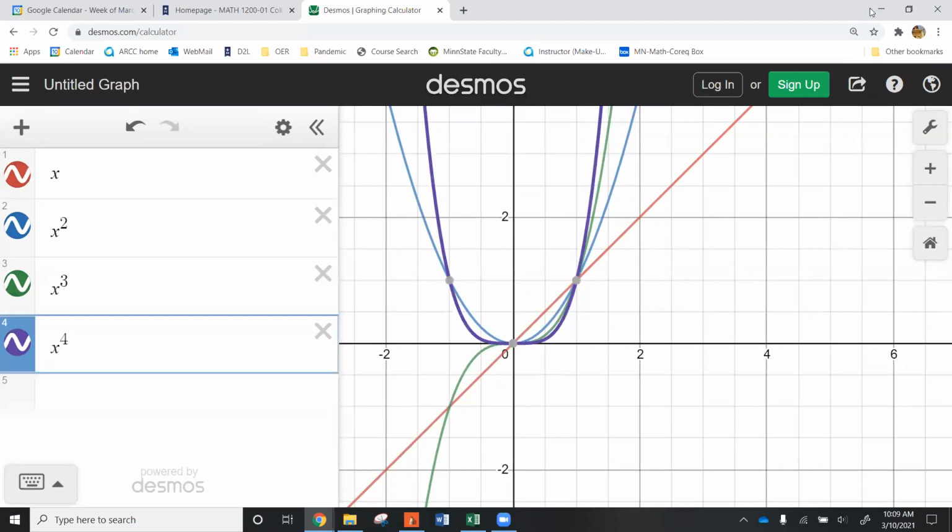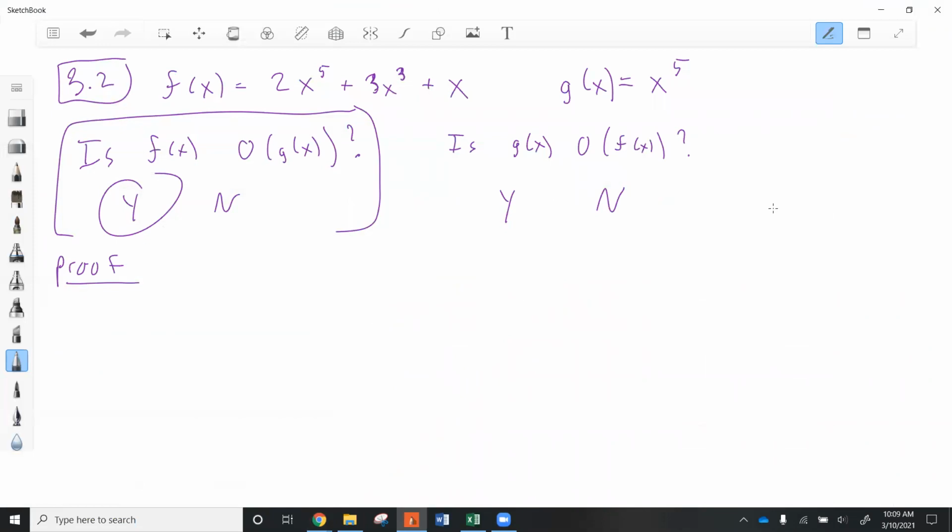So you can use that idea to say that, for example, if x is greater than 1, then x is guaranteed to be strictly less than x to the 5th. x cubed is going to be less than x to the 5th as well, because their degrees are lower.